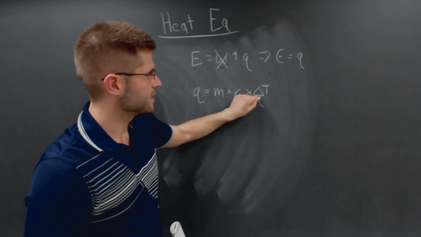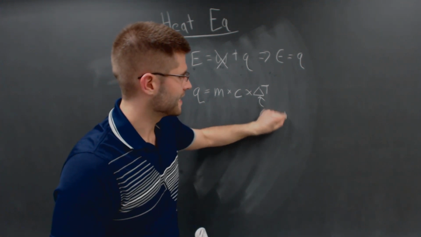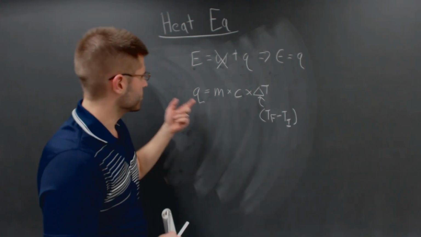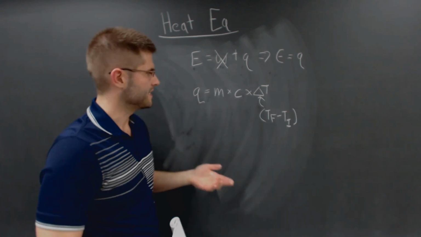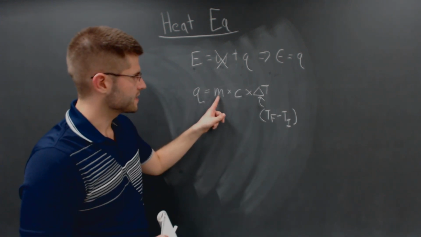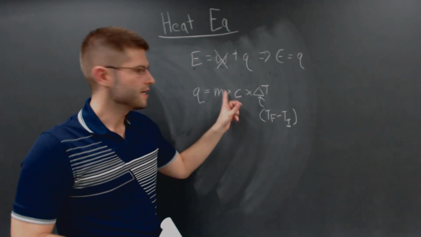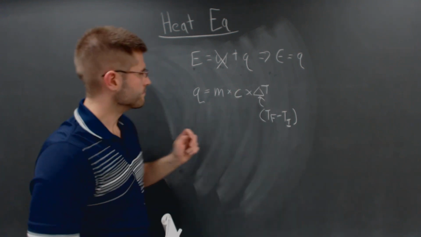Now remember, change in temperature, this delta, means temperature final minus temperature initial. That is all that's required in order to identify what heat was either absorbed or given off by the system. It relates the mass of the substance, the specific heat capacity of the substance, which is unique to the substance that we're looking at, times the change in the temperature.